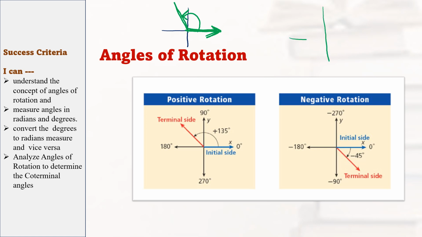Whereas the same ray, whose vertex is at the origin, if rather than moving in the anti-clockwise direction you move in the clockwise direction, whatever angle is formed will be the negative angle of rotation.